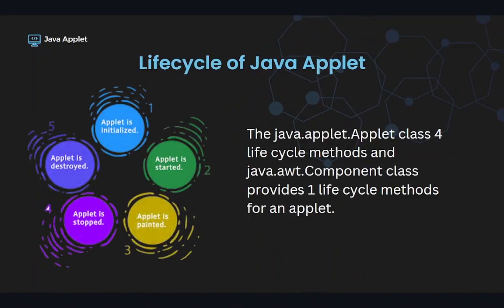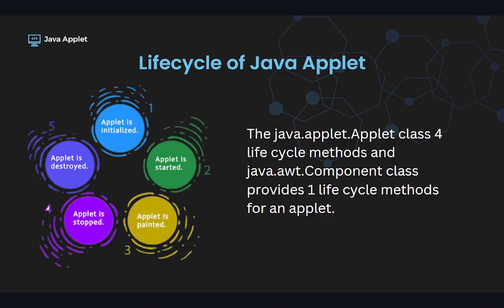Here we have the life cycle of Java Applet. The Java applet class has four life cycle methods, and the Java component class provides one life cycle method for an applet.